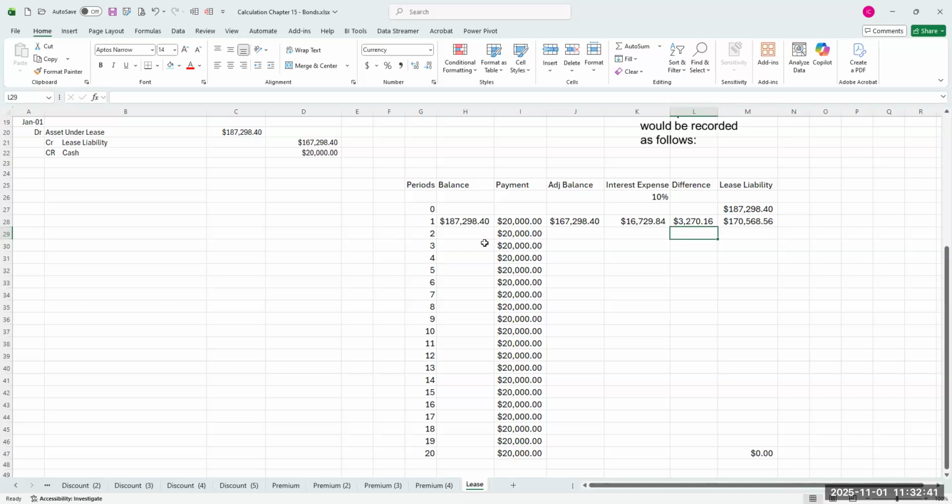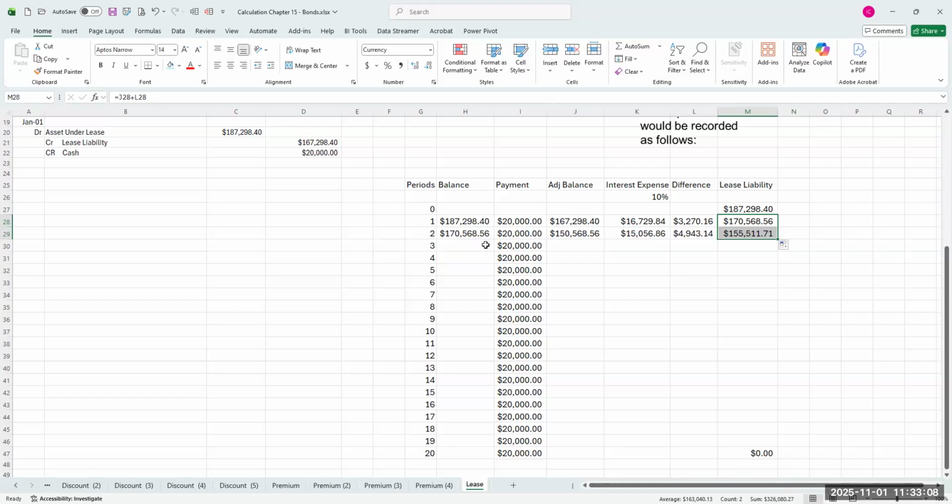So the next period, my balance is that much. My adjusted balance is going to be the beginning balance minus the payment. This is my outstanding amount from January 1st to December 31st, on which I owe 10%. And that's my difference between the payment and the interest expense, which is going to increase my lease liability.